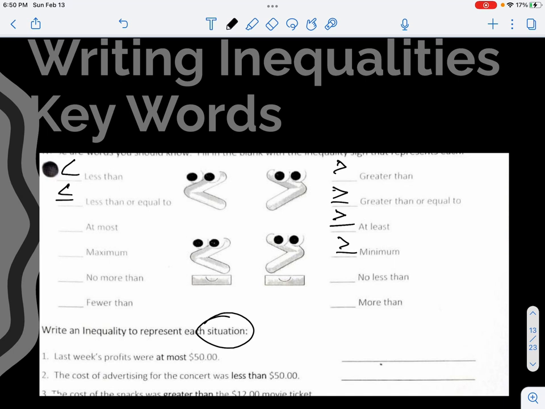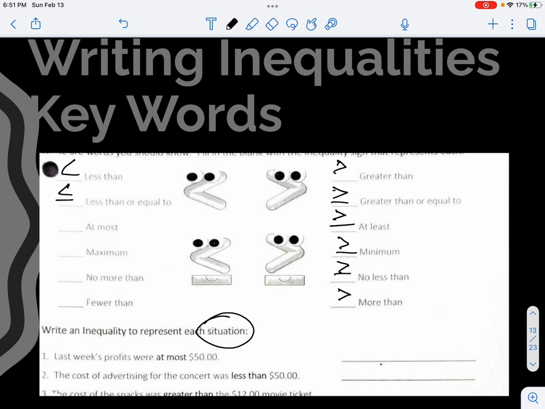No less than. If you can't make no less than $50, it means you need to make at least $50. Can you make more? Yes. Okay. And then you have more than. There you go. If you need more than 48 inches, it's not going to include the 48 inches like at Six Flags. It needs to be more than.